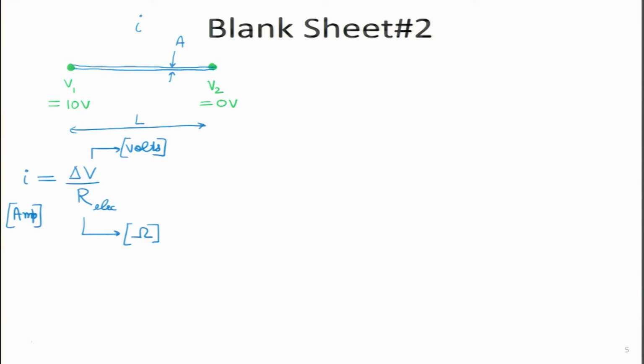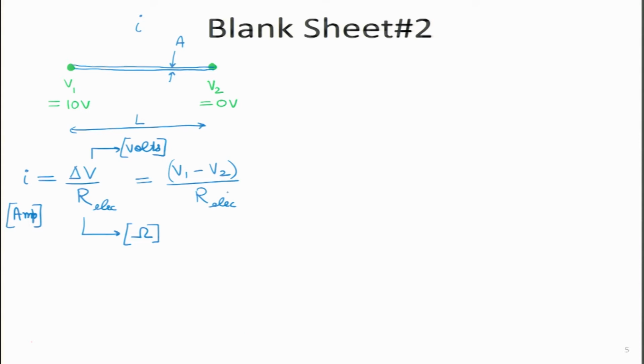Because I have the voltage difference in the form of V1 and V2, I can further write this expression as follows. I know voltage 1 is higher, so I take the difference V1 minus V2 divided by R electrical.